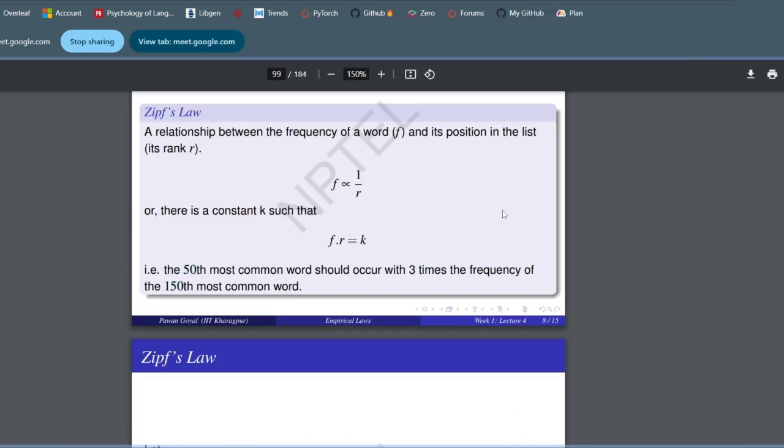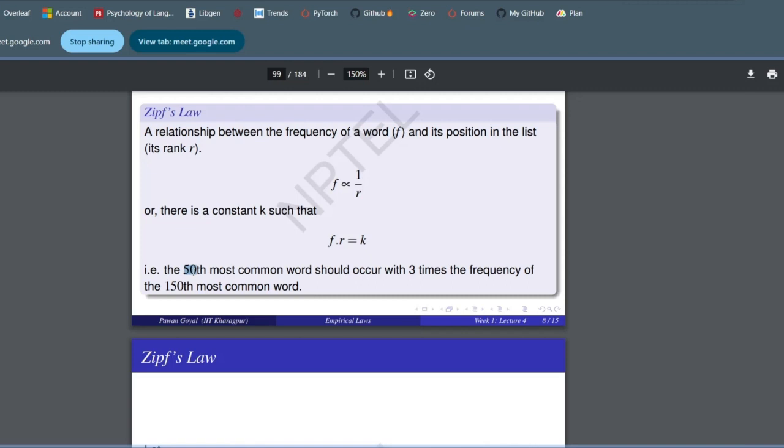So what you see over here is that the 50th common word means the corresponding word has rank 50. Say we have two words, W1 and W2. W1 has rank 50, whereas W2 has rank 150. Now we are thinking in terms of what would be their frequency.